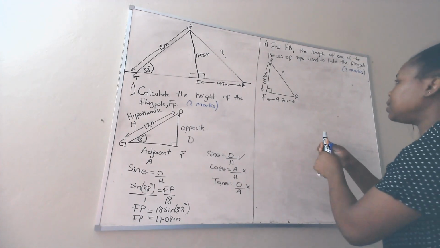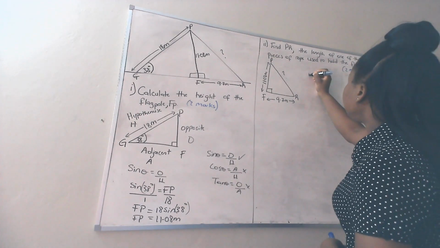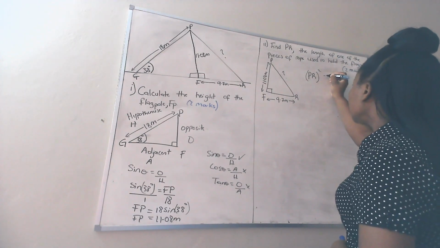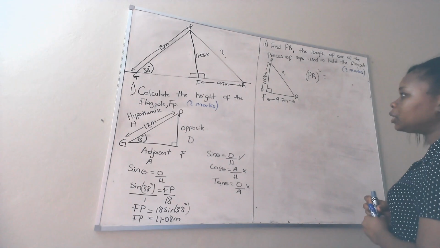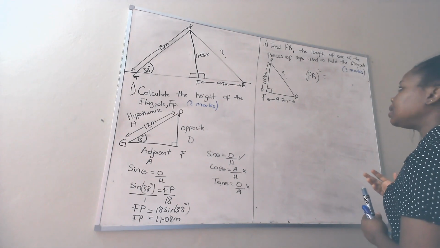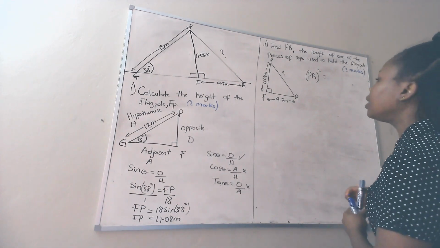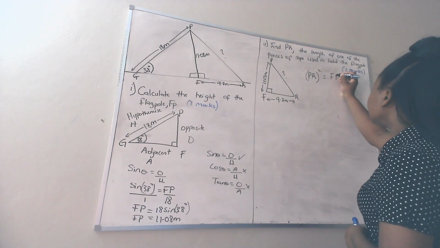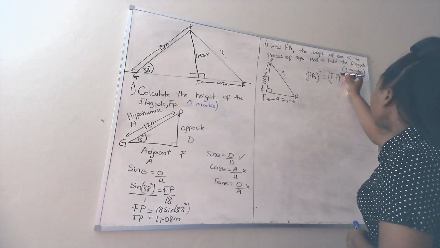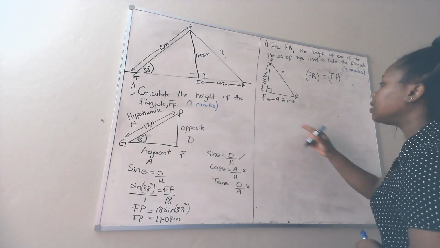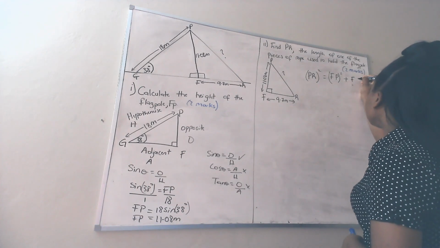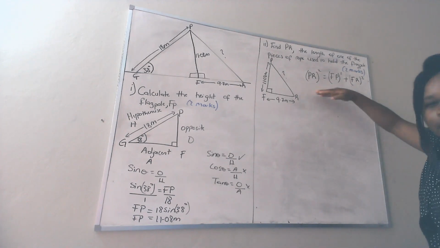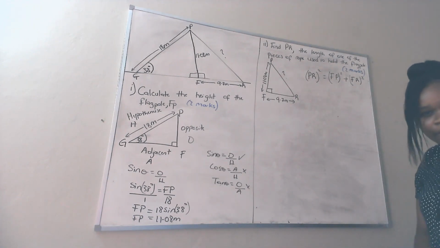So we can say that PR squared is equal to the other two sides, FP squared plus FR squared. So this is the Pythagorean theorem.